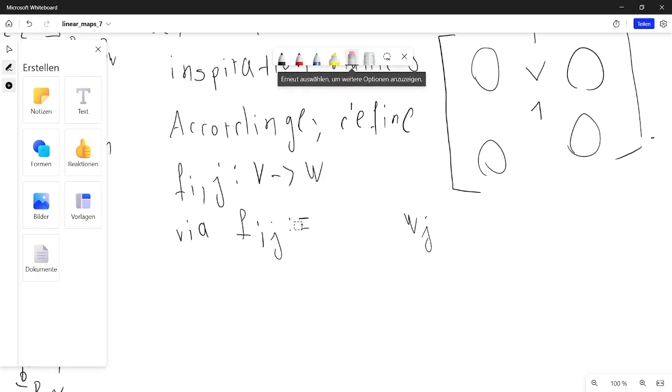All right. Okay. It goes from V to W, and it does the following: fixed i, j, right?